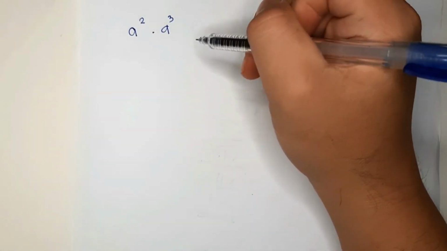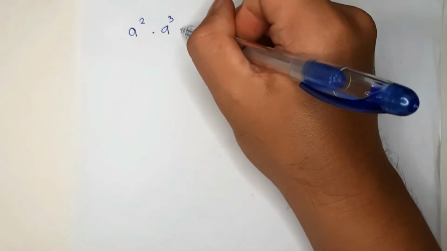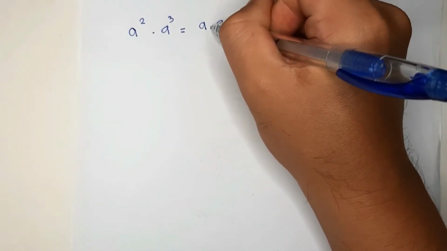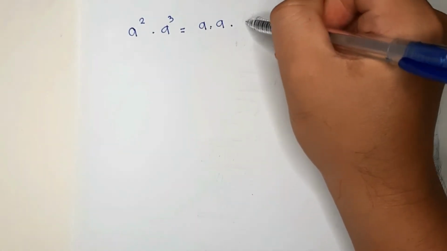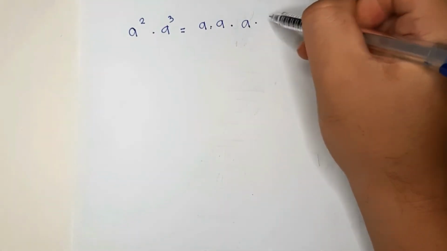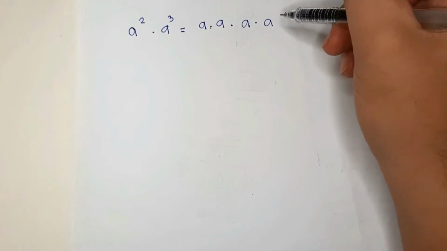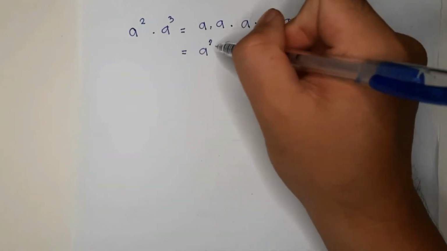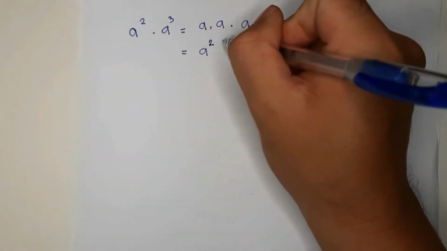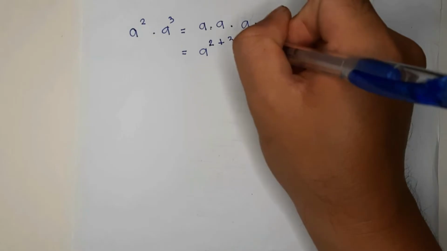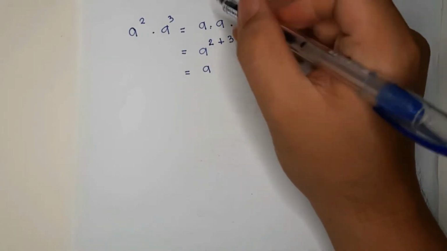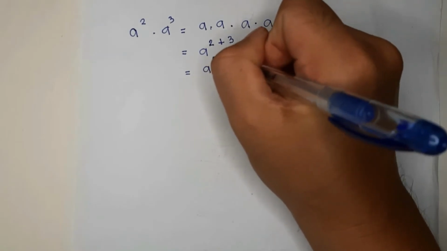So what we are going to do, we can expand this one, which is a times a times a times a times a. Or we can just add these exponents, a to the 2 plus 3. So our answer is a to the fifth power.